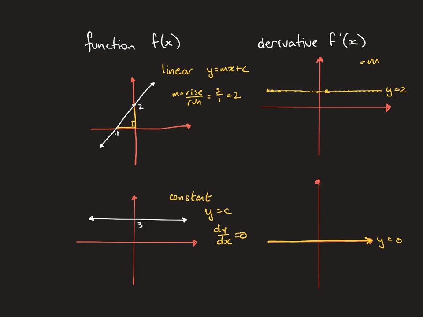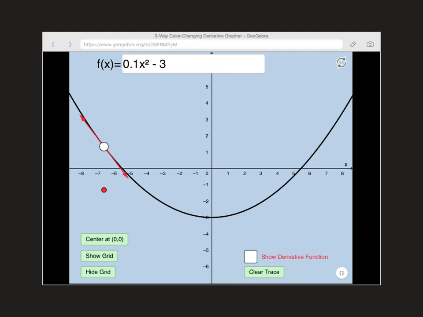So I want to have a look now at moving back to our parabolas and our cubics and have a look at how we judge how steep the gradient is. So this little GeoGebra app is going to show us the derivative at the big white point on the curve.